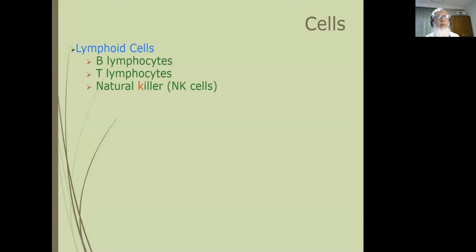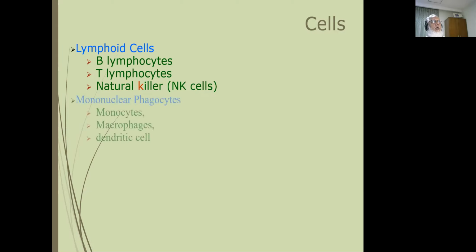What are the cells of the immune system? Cells of the immune system, you all know, main cells are lymphoid cells. Lymphoid cells consist of B lymphocyte, T lymphocytes, natural killer cells. Mononuclear phagocytes, they are also cells of immune system.